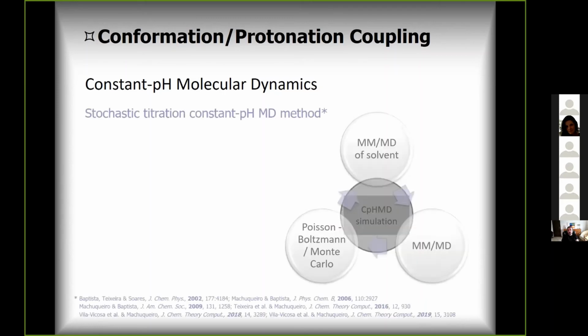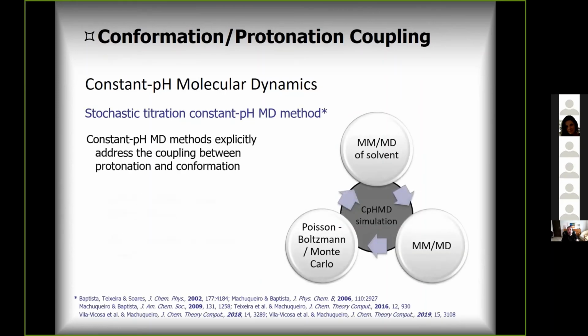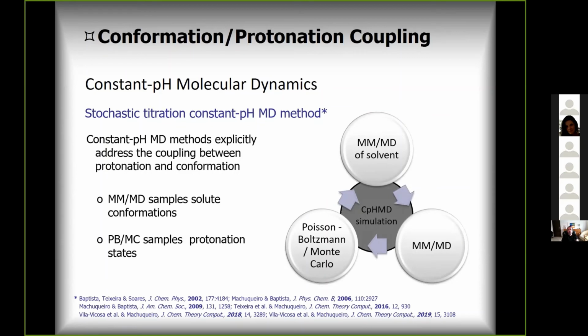This kind of approach requires a way to couple a protonation or proton binding affinity method that is able to calculate this pKa or proton binding affinity, and coupling it inside the engine of the MD. So you should be able to use something like GROMACS to sample the conformations, and then use an external way to estimate the proton binding affinity of a given group.